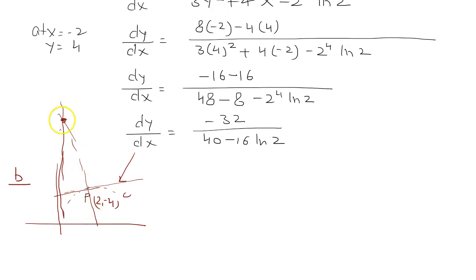It says that the normal meets the y-axis at A. So find the y coordinate. If the normal meets at this point, it means x is equal to 0.